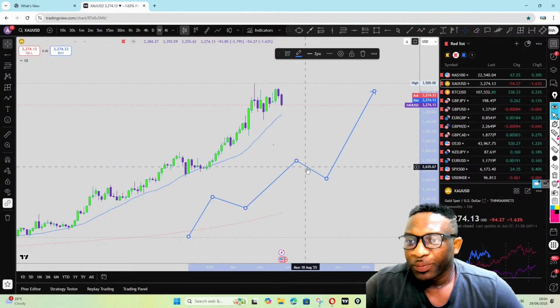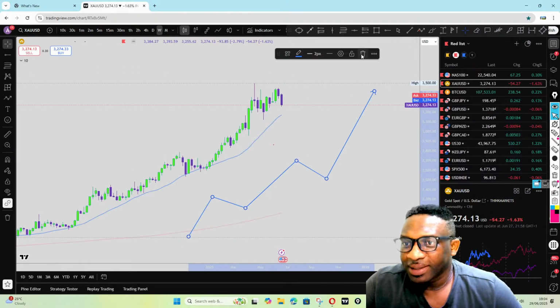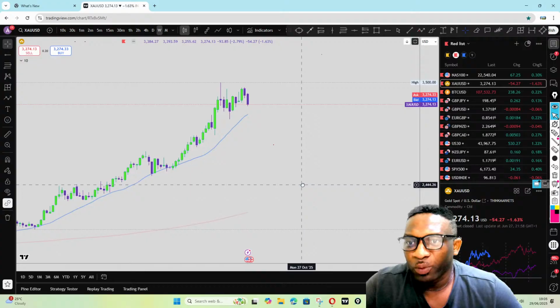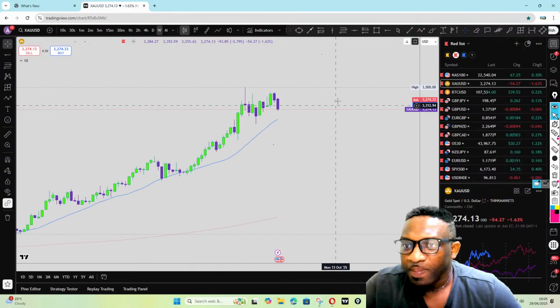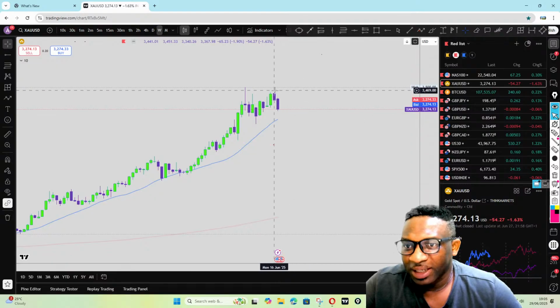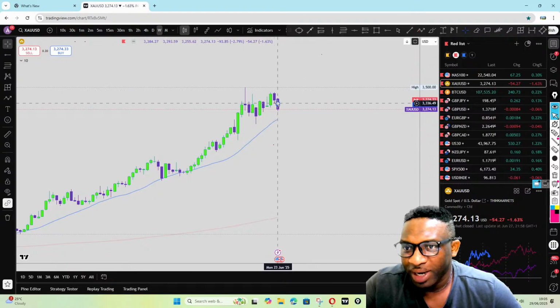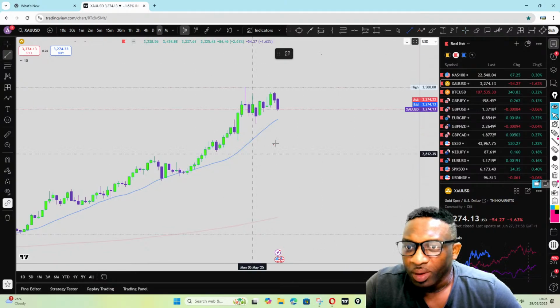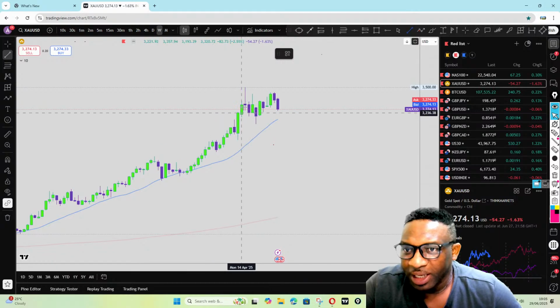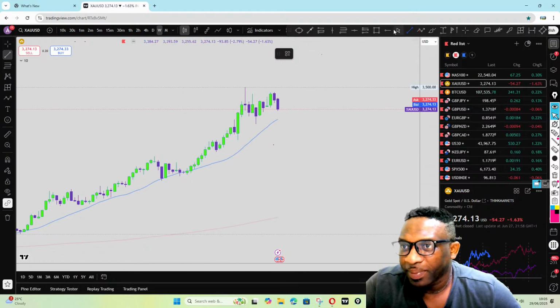Okay, so now we can see on the charts that on the weekly time frame we have a recent break of structure, and we can see that in the last 2 weeks price has been pulling back. So we had this push down here as price made this high.